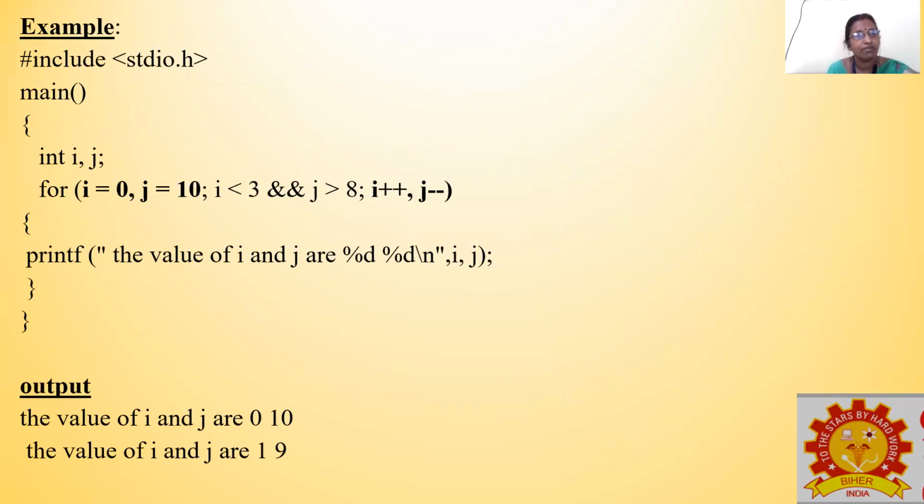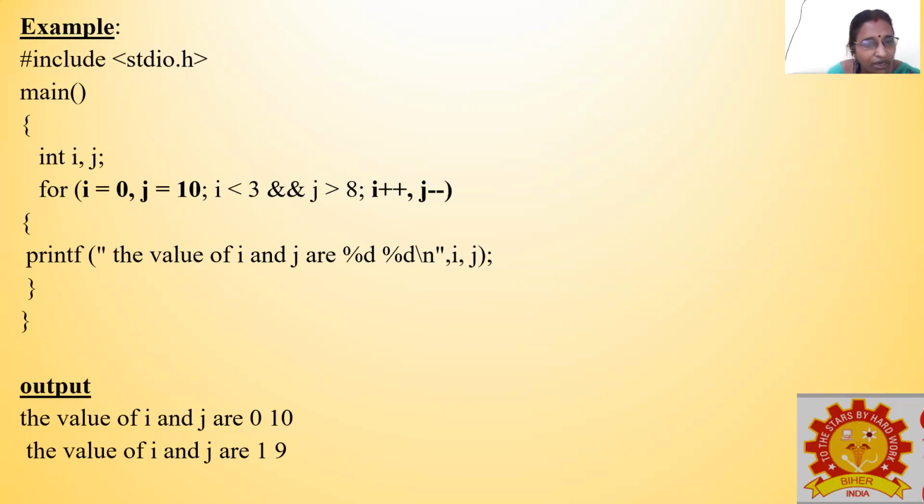Here i and j variables are called counting variables. i is initialized as 0, comma operator, j = 10; i < 3 and j > 8; i is incremented and the variable j is decremented. Both i and j are separated by a comma operator.